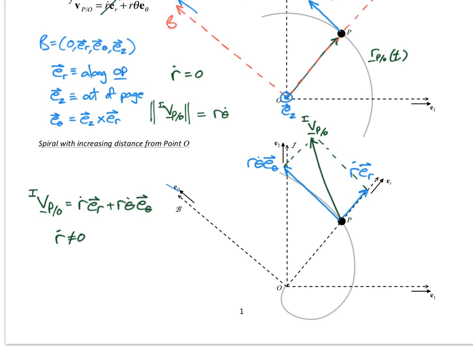Now if you flip the two and make the r dot term larger than the r theta dot term, then our spiral would take off at a faster rate away from point O than it would be in its attempt to curve around and match that circular form that we saw in the last example.